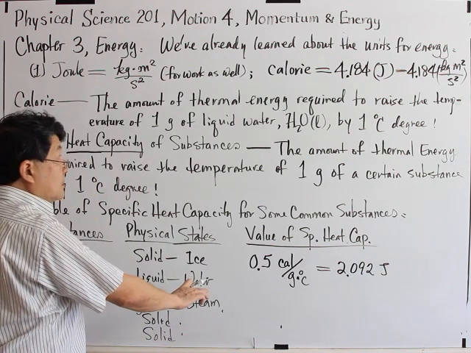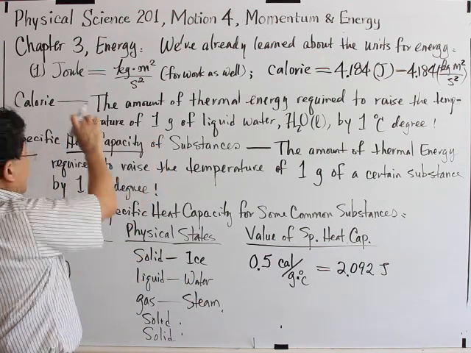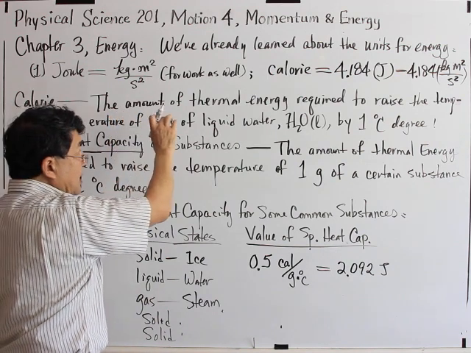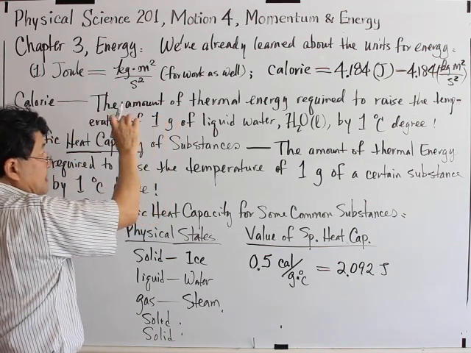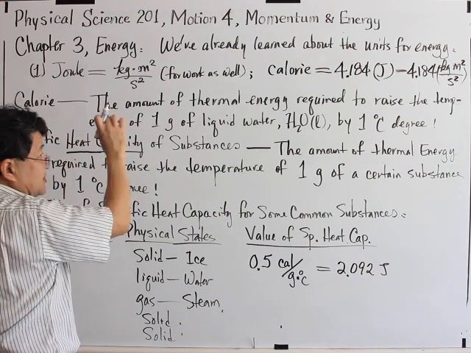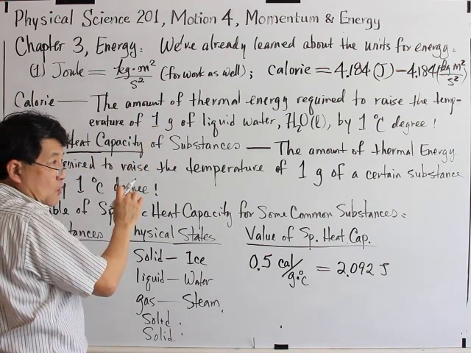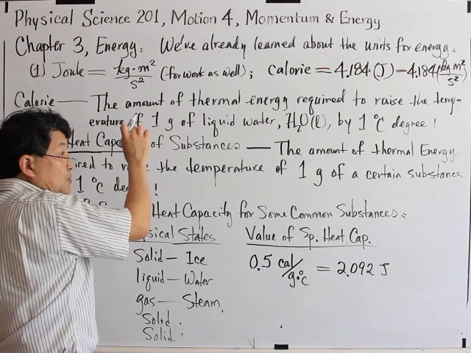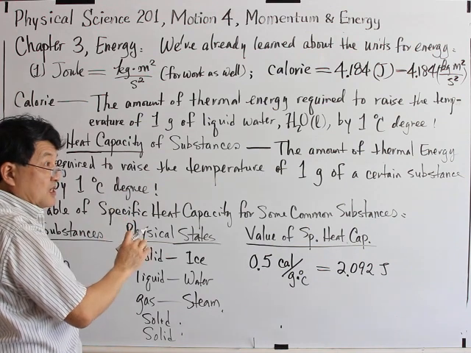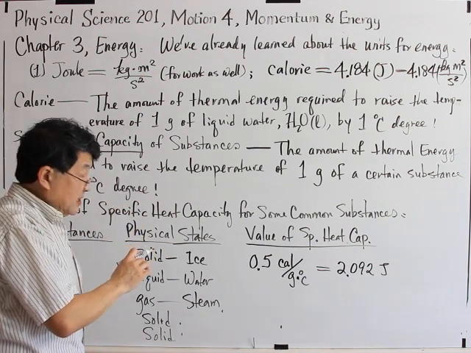For liquid water, go by the definition of calorie, which means 1 gram of water raised by 1 degree requires exactly 1 calorie. That definition applies to the specific heat capacity for liquid water, right? That's the same.